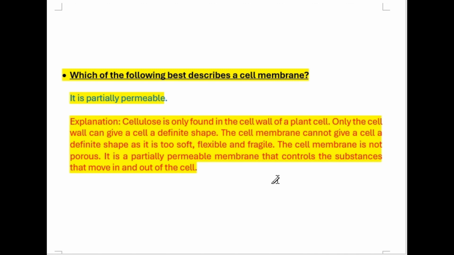The cell membrane cannot give a cell a definite shape as it is too soft, flexible, and fragile. The cell membrane is not porous. It is a partially permeable membrane that controls the substances that move in and out of the cell.